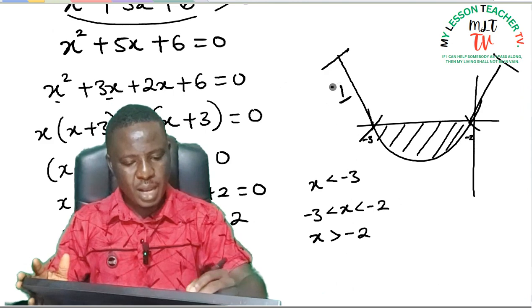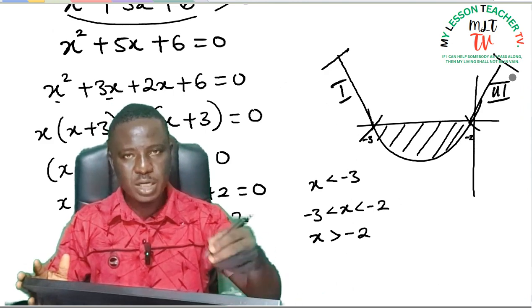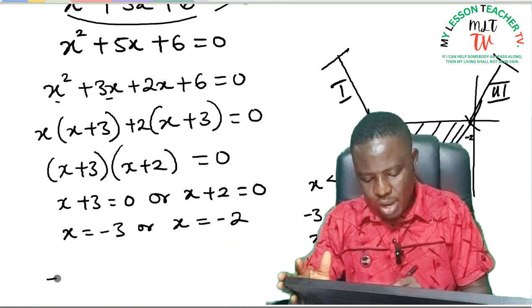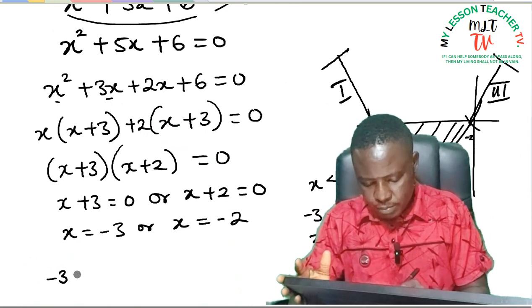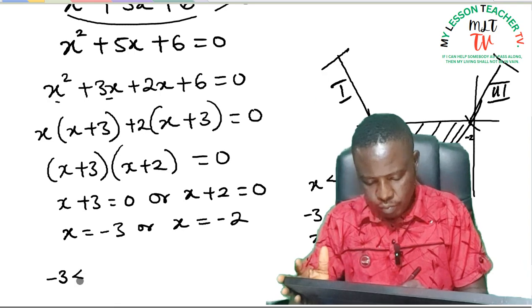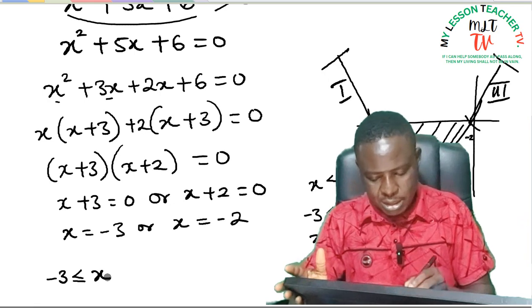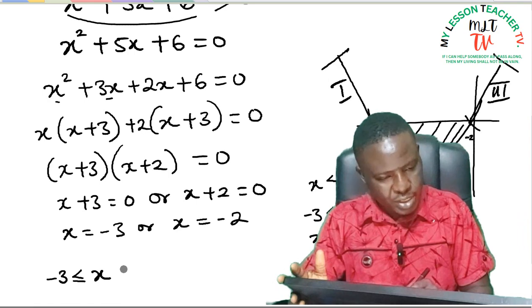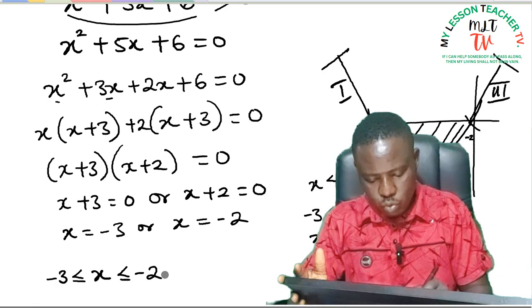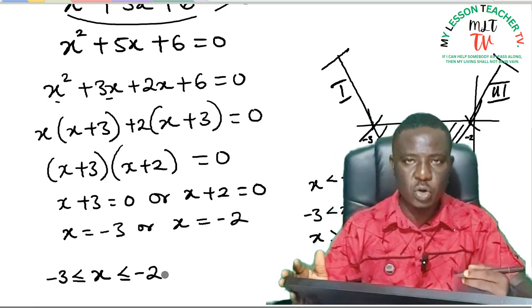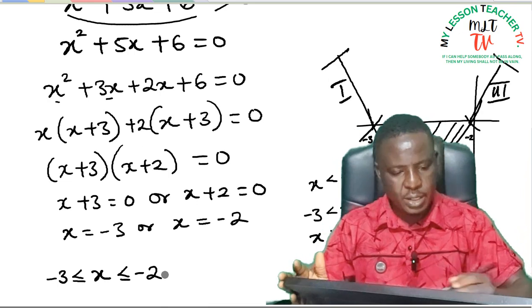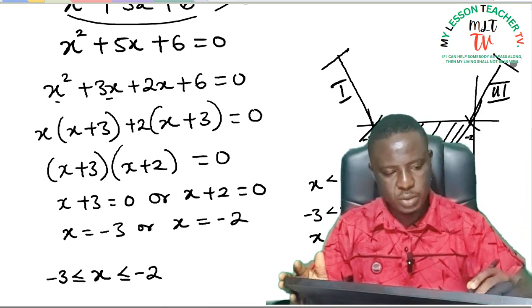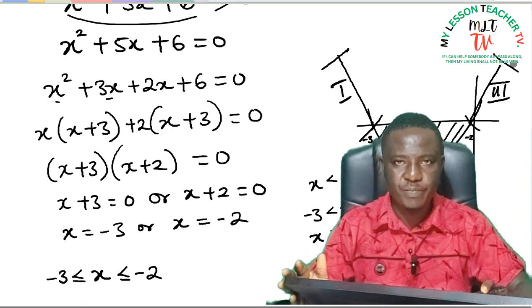So region 1 and region 3 are the solution of the inequality, where we have x less than or equal to minus 3, and x greater than or equal to minus 2. So this gives you the solution of the inequality, which is at region 1 and region 3.